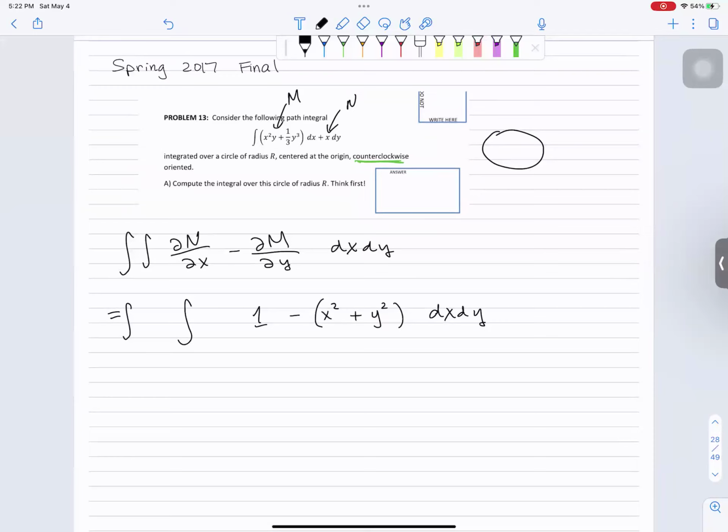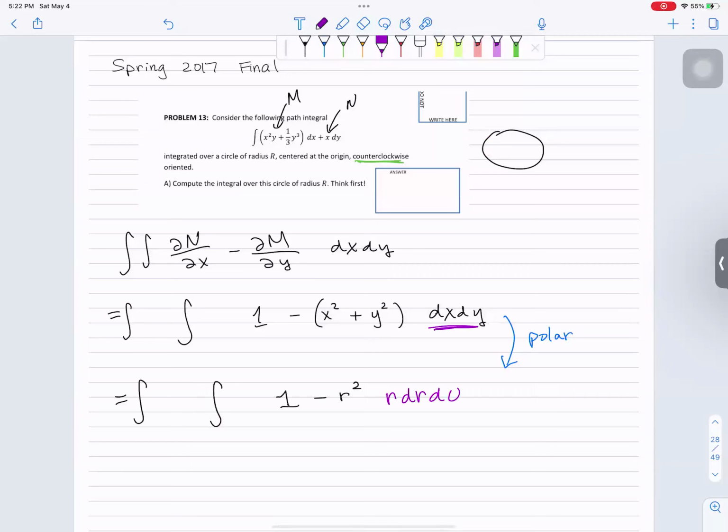Okay, so now I have a nice integral. I could keep things in Cartesian coordinates because I have a circle, but if I have a circle, how about if I convert to polar or cylindrical? If I convert to polar coordinates, what happens? x squared plus y squared is r squared, and the dx dy becomes r dr d theta.